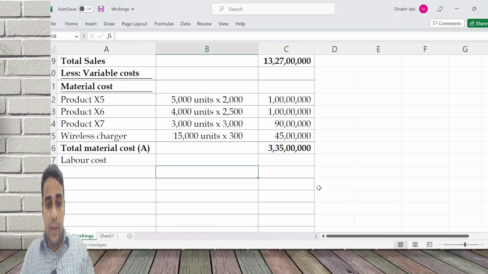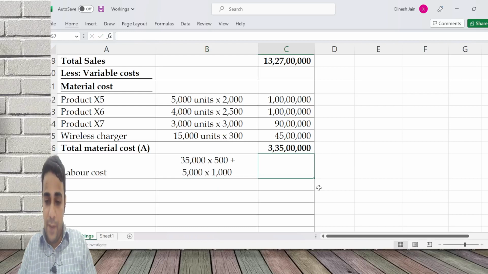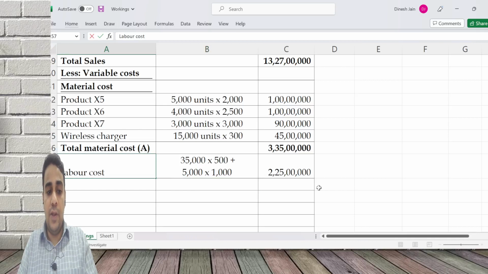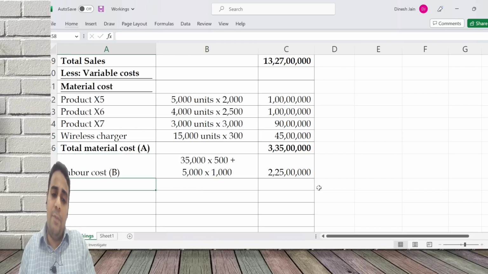So 5,000 into 500, and 5,000 into 1,000. 5,000 pay 500, 5,000 pay double.